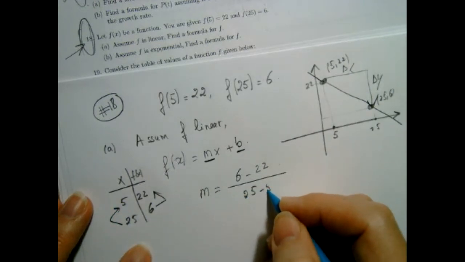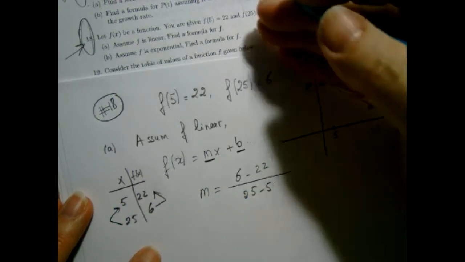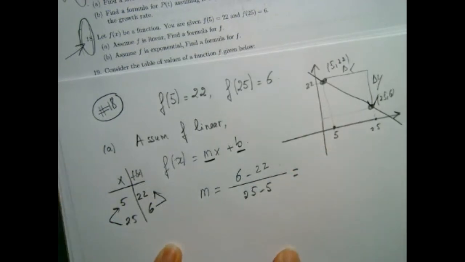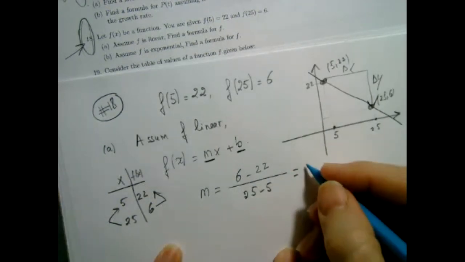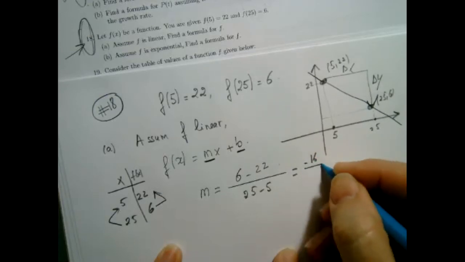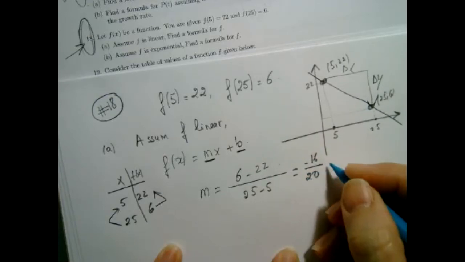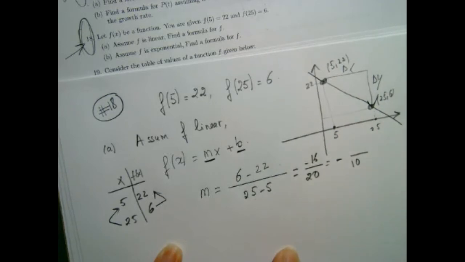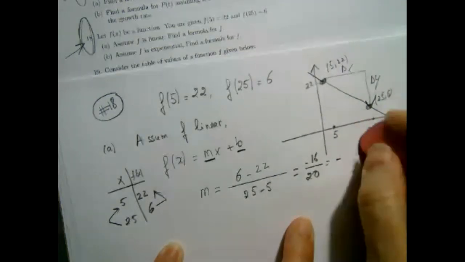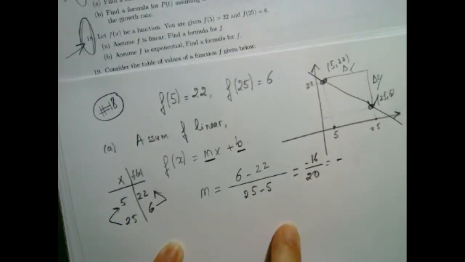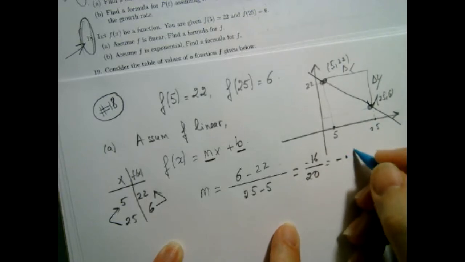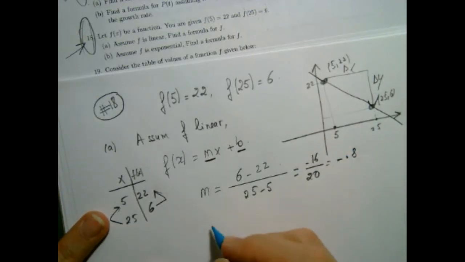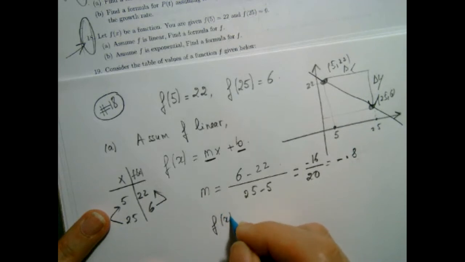And we know that this has to be a negative number because it is going down. So 6 minus 22 gives me minus 16 over 20. If I do a little bit of simplification, I get minus 0.8. And that's the slope. So now I know the slope, I still need b.